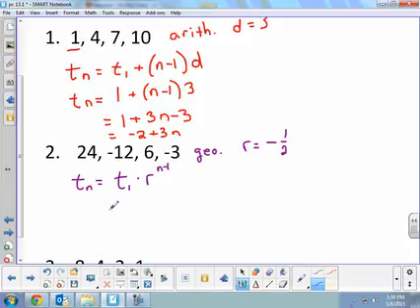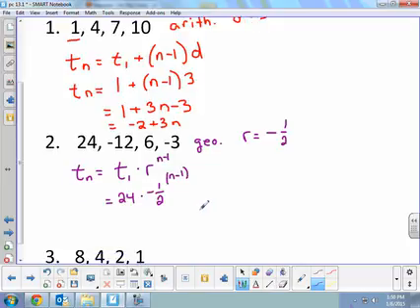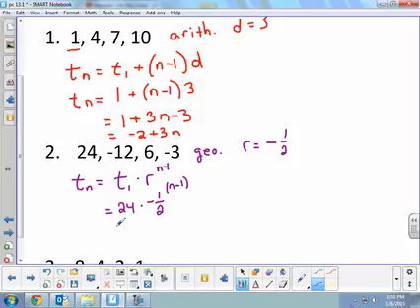Let's go ahead and just plug in what we know. T sub 1 is 24. R is -1/2. And that's going to be n minus 1. Well, on this one, I'm going to think back to some of the rules that I have for exponents.